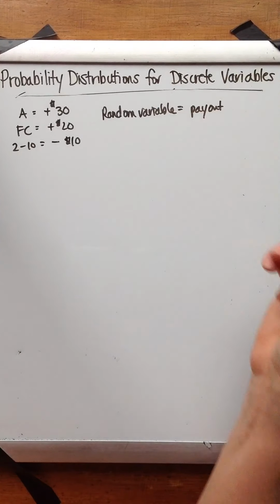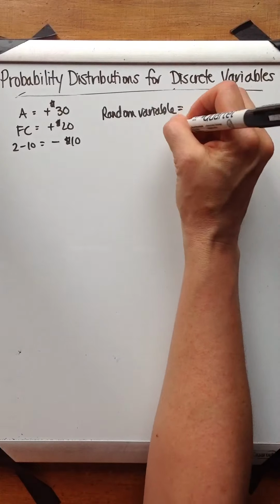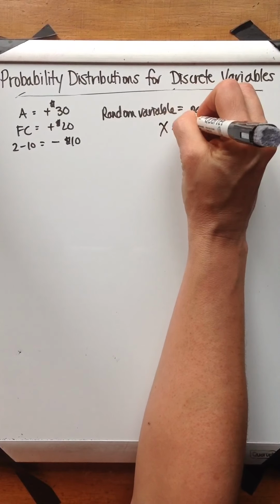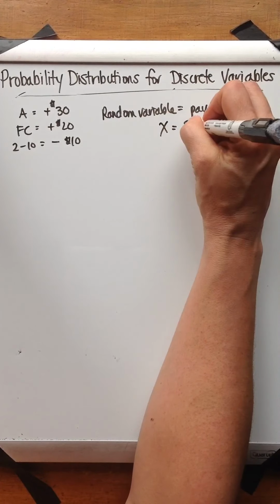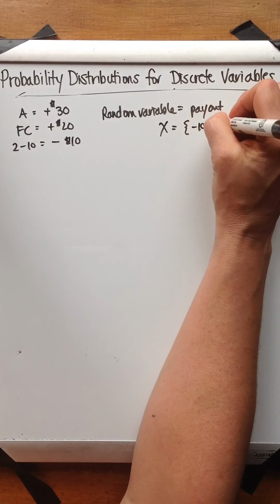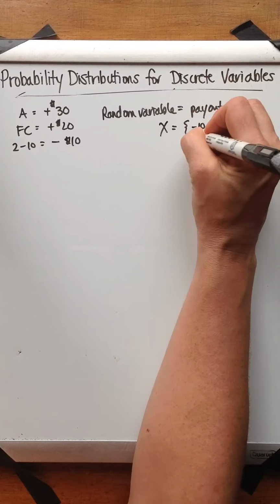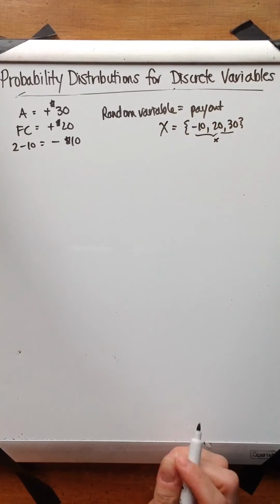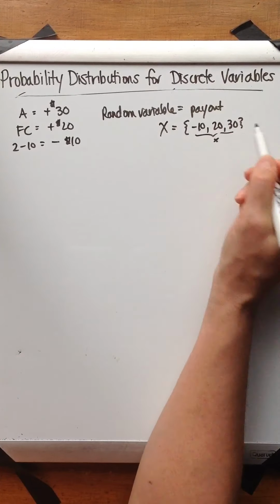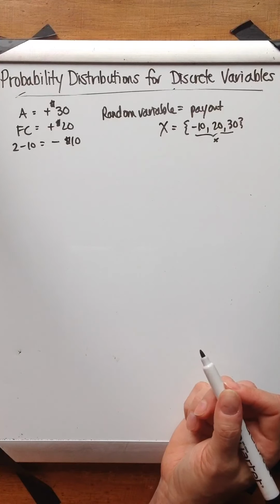So this random variable X, capital X, has a set of 3 values it can be. It can either be -10, it can be 20, or it can be 30. So these are the individual little x values. This is the set of all possible outcomes.